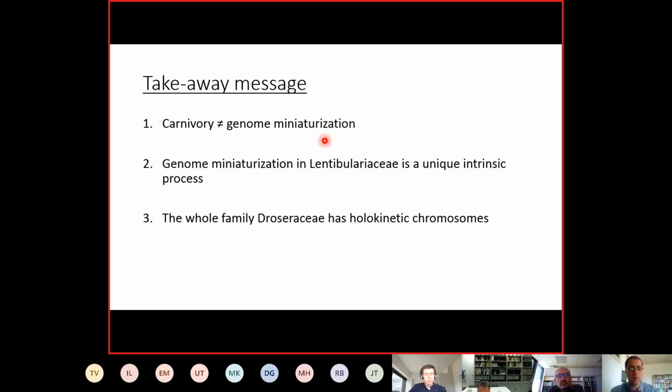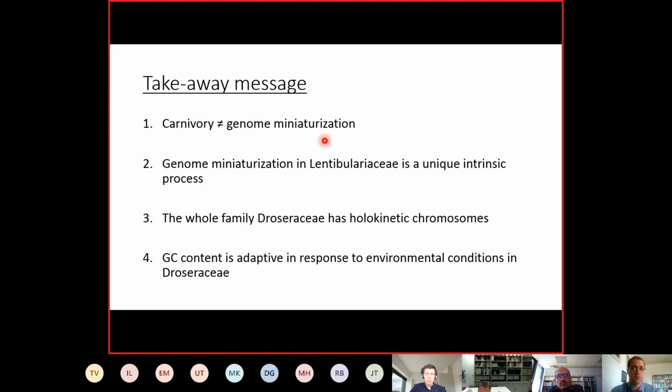And that the whole family Droseraceae has holokinetic chromosomes, and that the GC content is adaptive in response to environmental conditions, especially temperature annual fluctuations in the family Droseraceae.